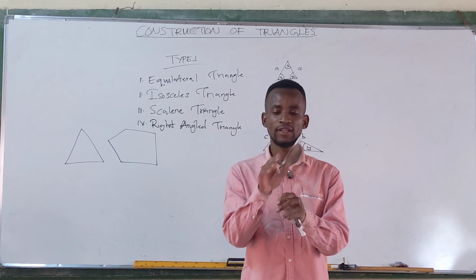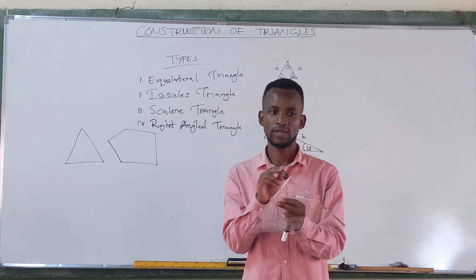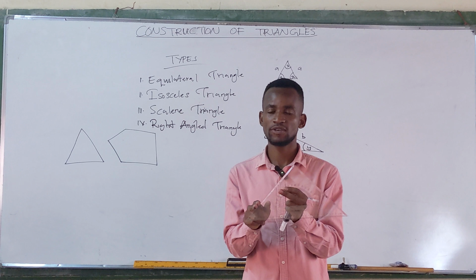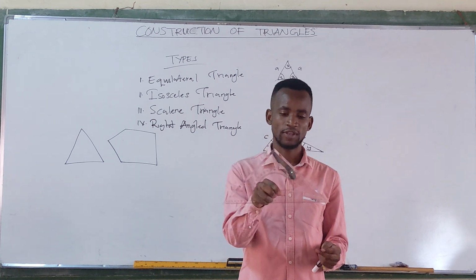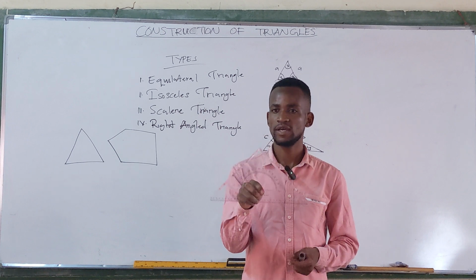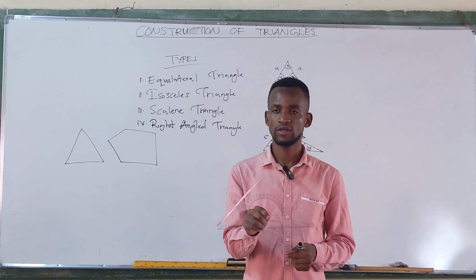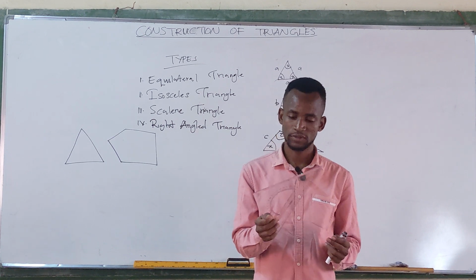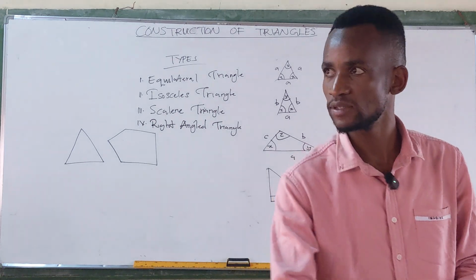But again, this side and this side are equal. And then this one is the different one. So this one qualifies to be called an isosceles triangle. Clear? Okay. So, yeah. That's it about triangles.